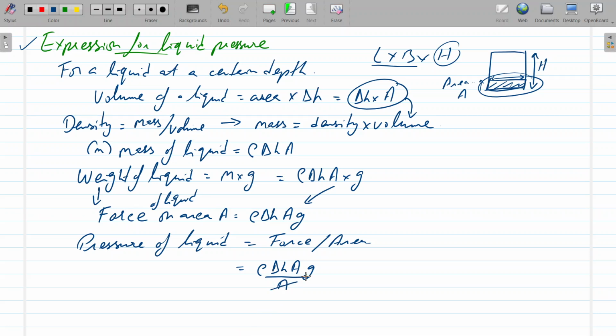So the area exits the equation. And what you're left with is rho delta H g. Well, they write it like this: rho g delta H. Rho gH. So that's the pressure of a liquid.